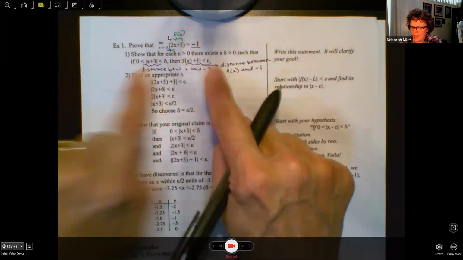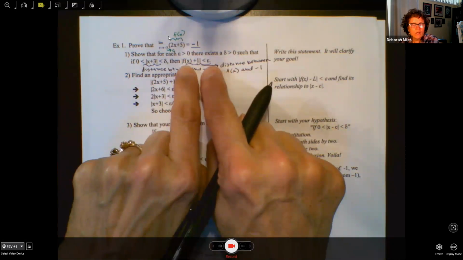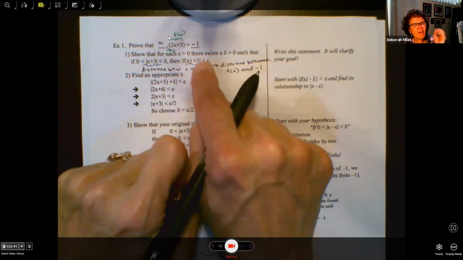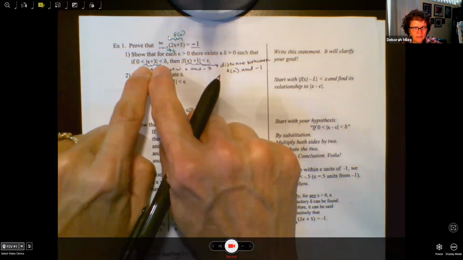We're trying to show that if this is true, then this is true. Well, the first thing we have to do is start with this and find that perfect delta. See how this relates to that.